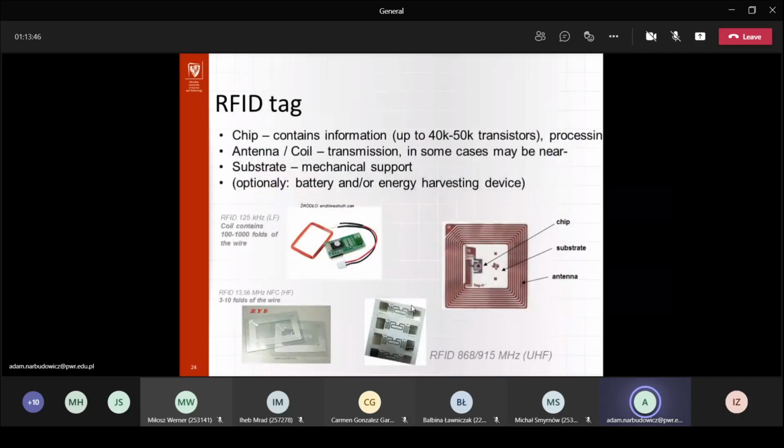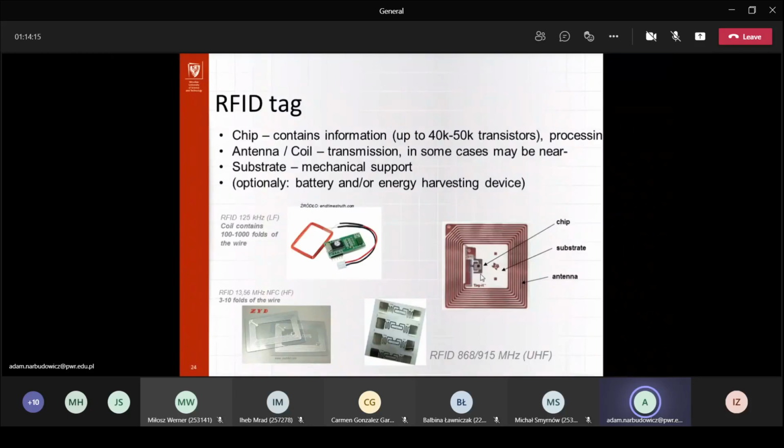Right. So an RFID tag, how a typical tag looks like, and those are all examples operating at different frequencies. It basically consists of 3 elements. Well, 2 radio components. So it's basically just a chip, which contains some information encoded into that chip.